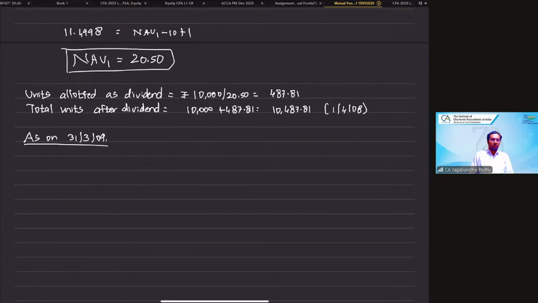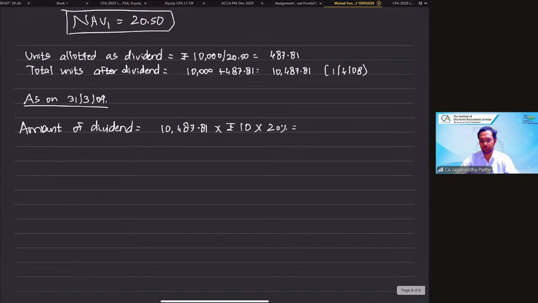Again, we need to look at what is the amount of dividend that will be given to us. Yes, sir, it's 20%. So what will be the amount of dividend? It will be 10,487.81 multiplied by rupees 10 as the face value, and there we have a 20% dividend.